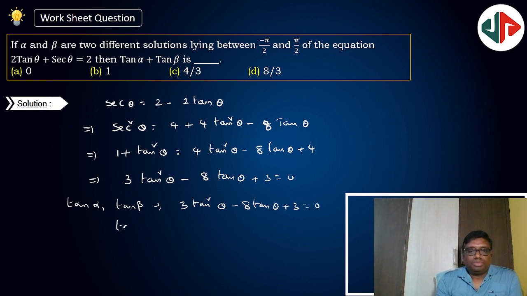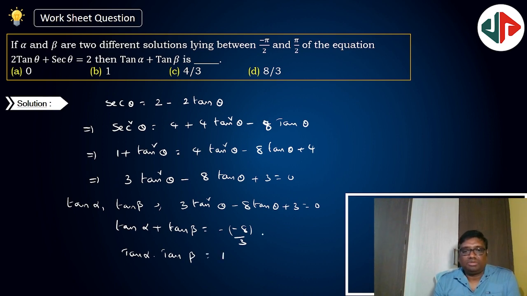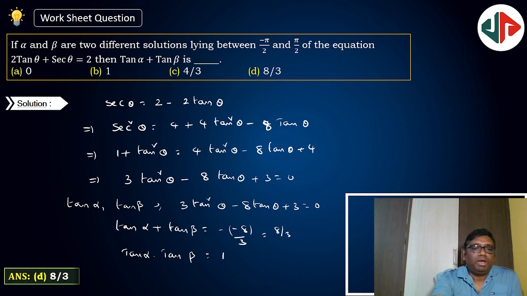So the sum of the roots, tan alpha plus tan beta, is always equal to minus b by a, and the product of the roots is always equal to c by a. So it is nothing but 1. So what is our answer? Tan alpha plus tan beta means 8 by 3.